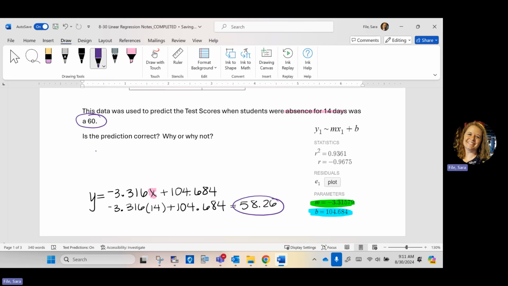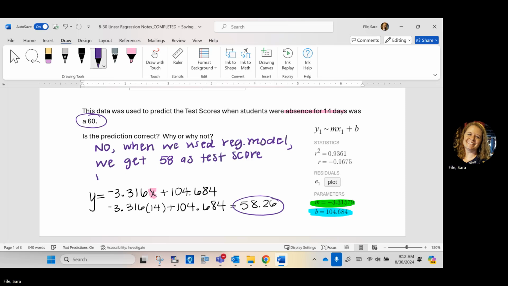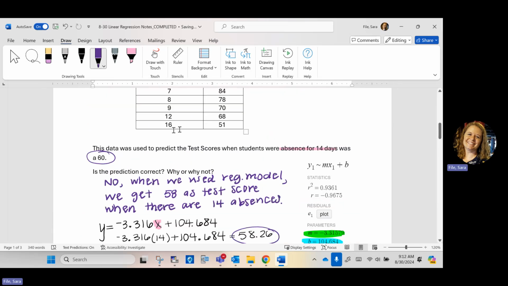So the answer is no. Because when we used the regression model, or regression equation, we get 58 as the test score for 14 absences.